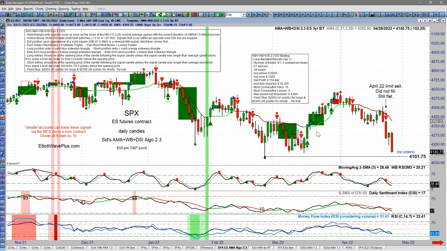So what the algo does is when the slope of the adaptive moving average and the current direction of the last crossover on the Walter Bressert are the same, then it will enter a trade. So for instance, the adaptive moving average started sloping up right here.